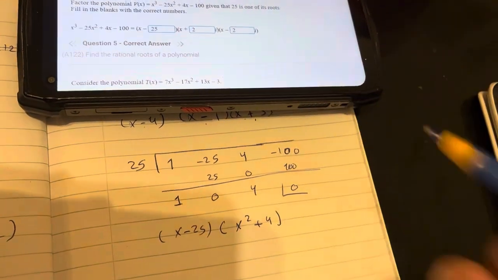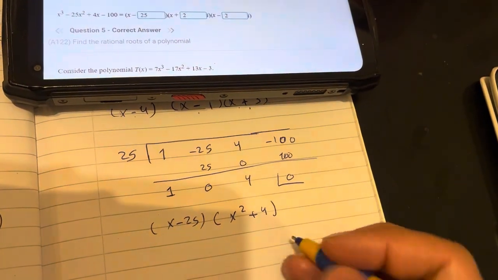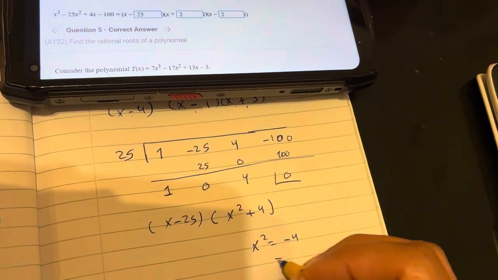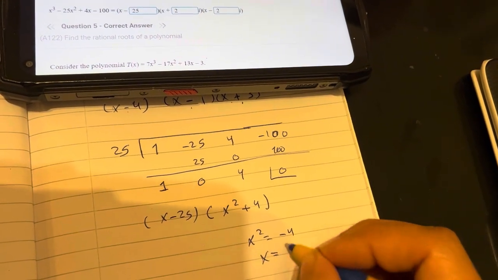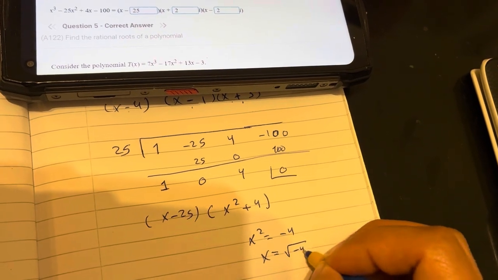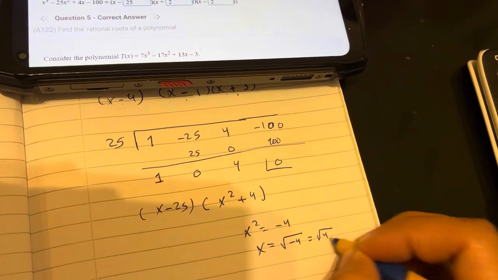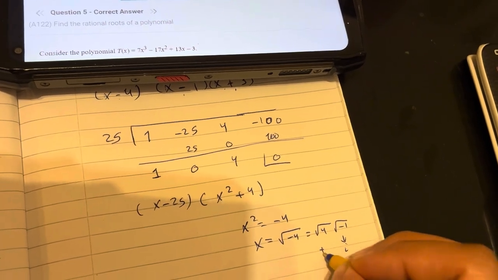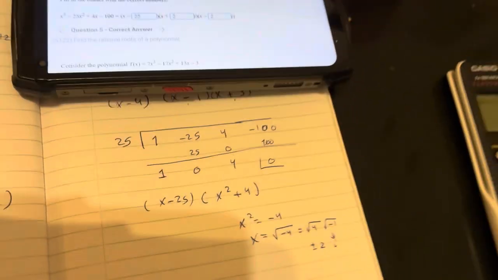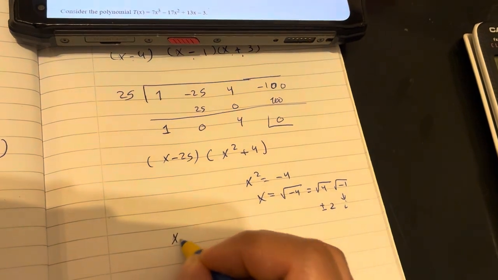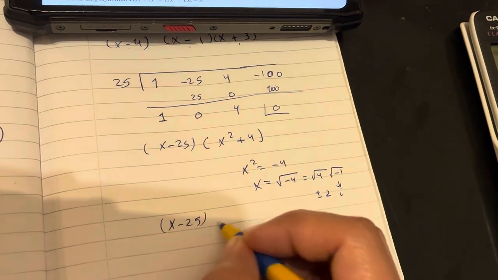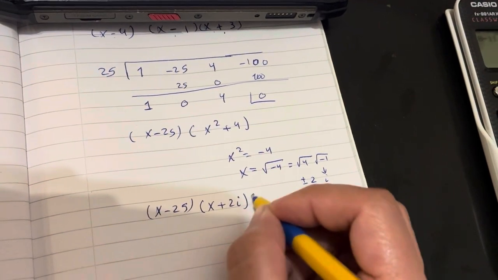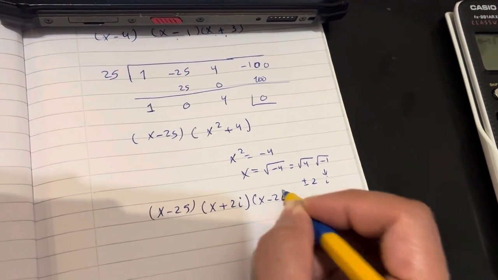Here he put i, which I know, because for x squared plus 4, your roots are x squared is equal to minus 4. So x is equal to radical minus 4, which is equal to radical 4 and radical minus 1. This is i, and this is plus minus 2. So your roots are x minus 25, x plus 2i, and x minus 2i.